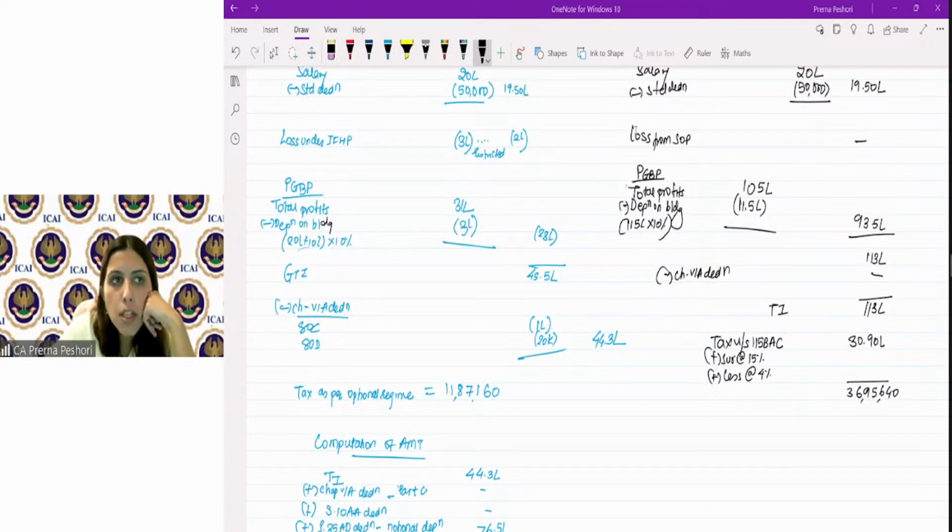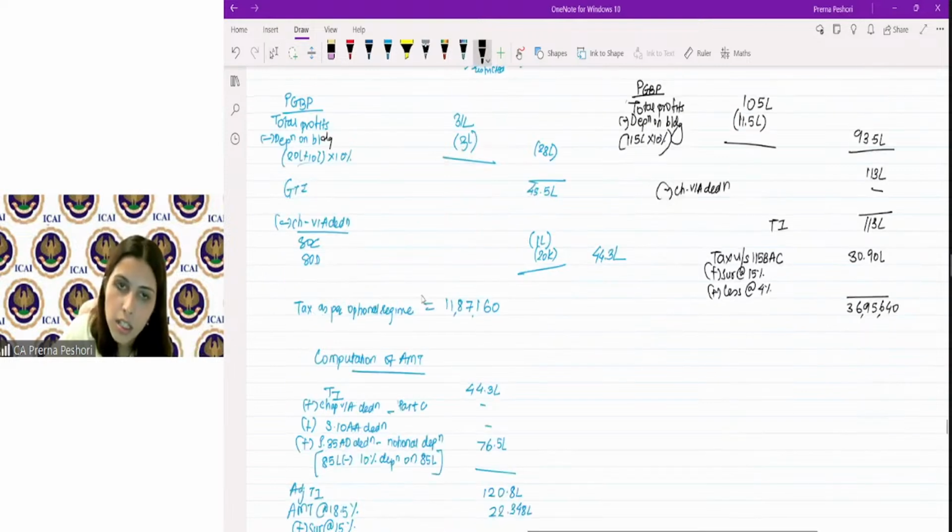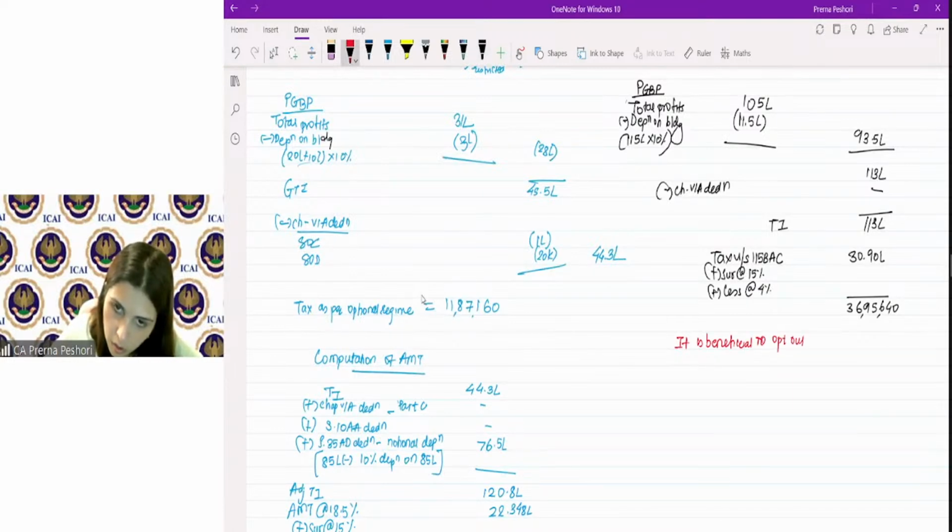So it is not beneficial to opt in for 115 BAC. So it is beneficial to opt out of 115 BAC. So you can write it over here. It is beneficial to opt out of section 115 BAC.